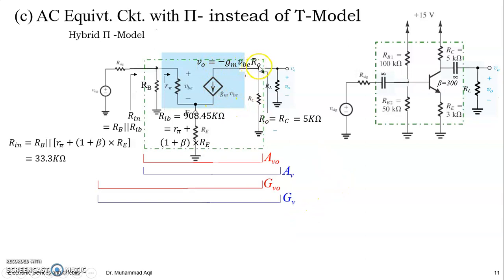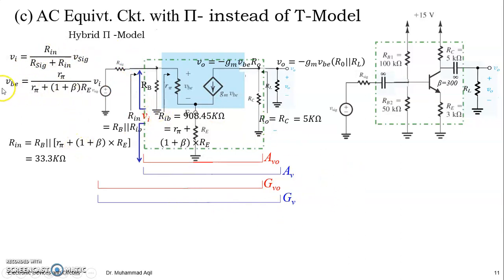V naught without RL is this one, you already know that. V naught with RL would be this one, R naught parallel to RL. Input at the stage is the voltage developing across input as compared to this one, right? So your input is Rin divided by R signal plus Rin times V signal, as we did previously, right?